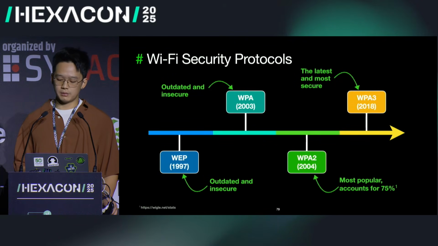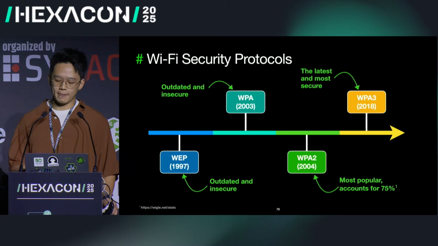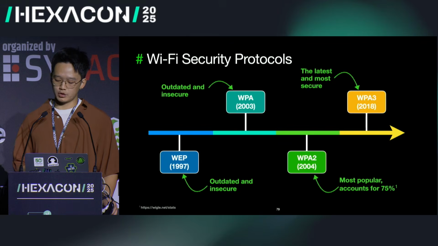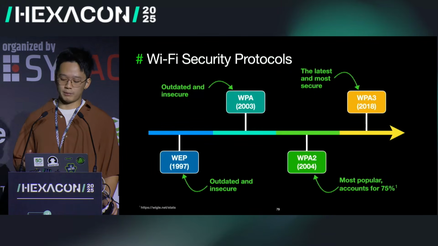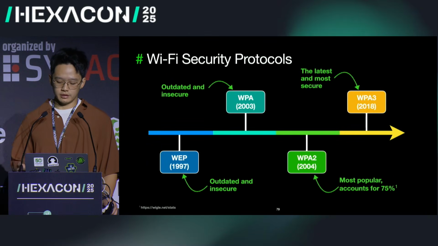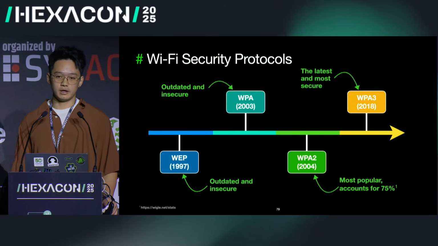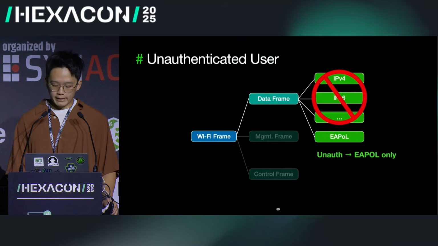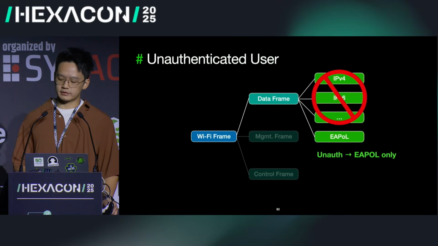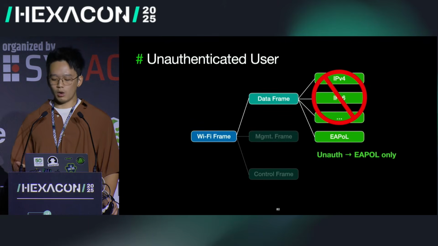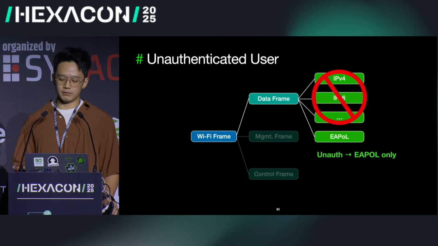From WPA to WPA3, each has personal and enterprise versions. The personal version uses a pre-shared key, which is basically a Wi-Fi password. It is the most common method in daily life. Take WPA2 as an example. Users who haven't been authenticated can only send EAPOL frames. All other types of data frames, such as IPv4, are blocked.